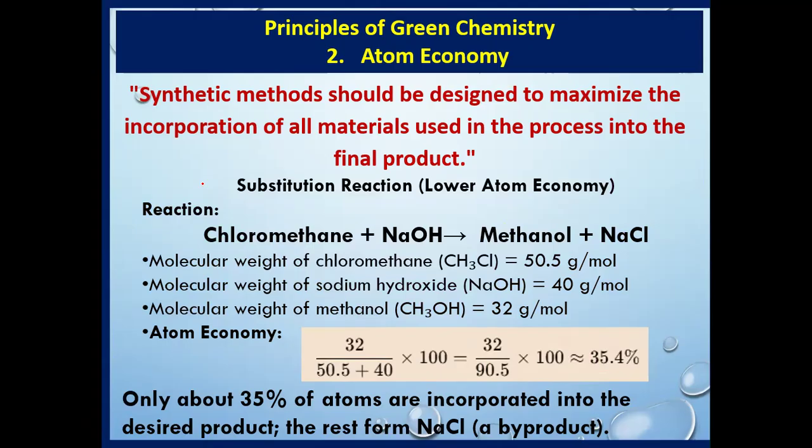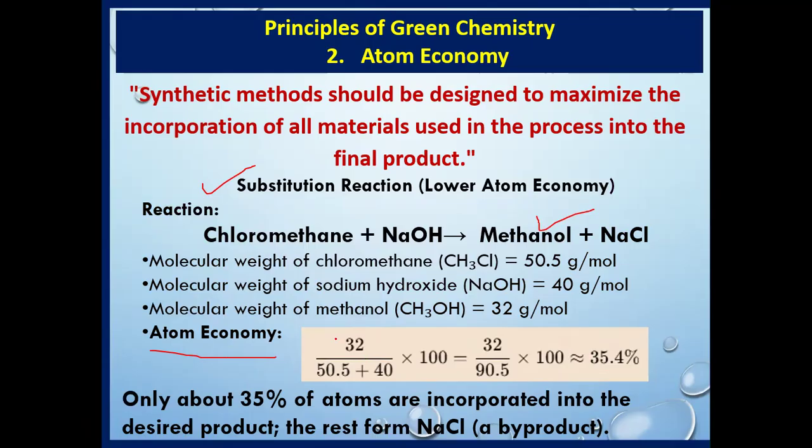Another example is the substitution reaction. Let us take the example of chloromethane plus NaOH, sodium hydroxide, which gives methanol and NaCl. So by incorporating the atom economy formula, the desired product is methanol.